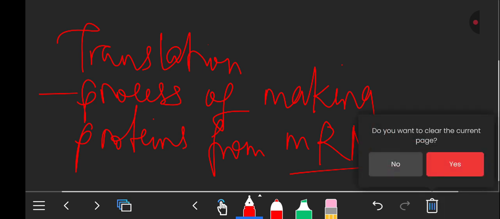Now let's look at some of the important things. There are 3 things which are needed for this translation to take place.